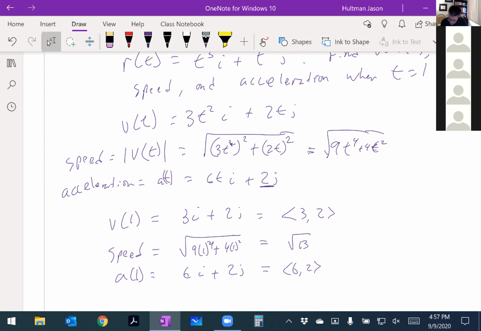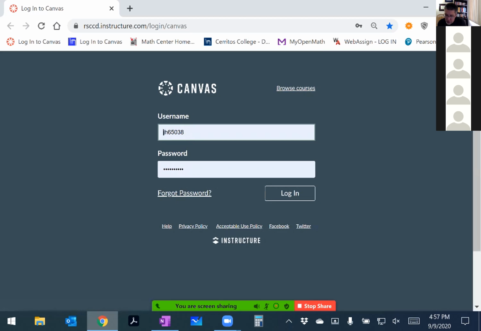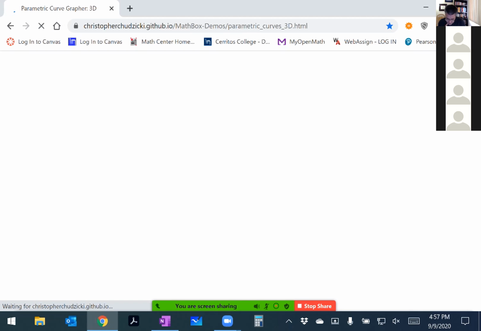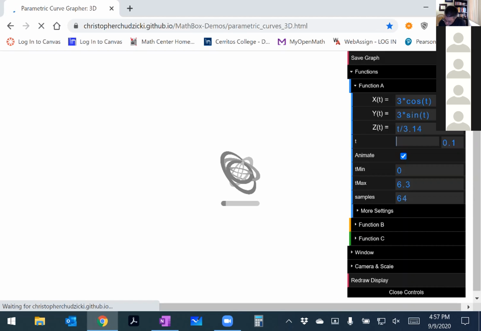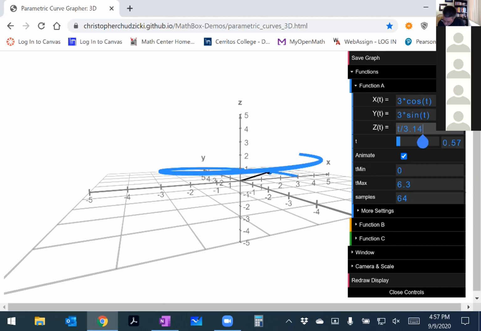So let's see what happens if we graph this thing. It might be interesting to see what this looks like if we graph it. So let's go to our parametric 3-curve 3D grapher. I'm just going to let z equal 0 in this case.